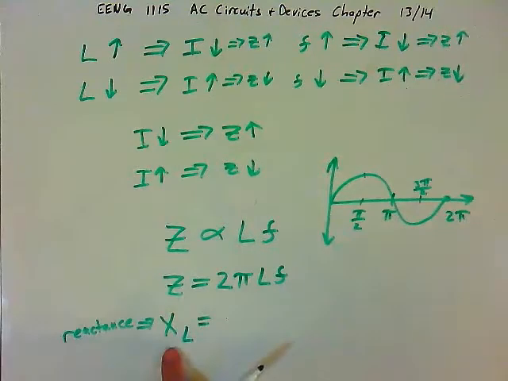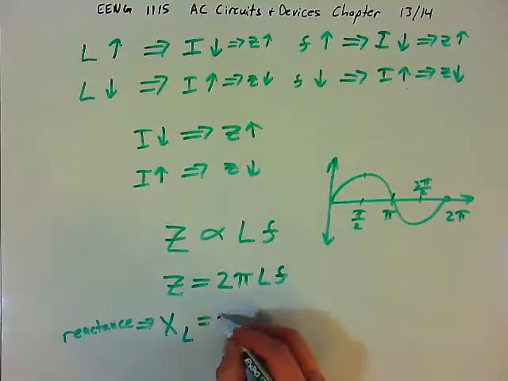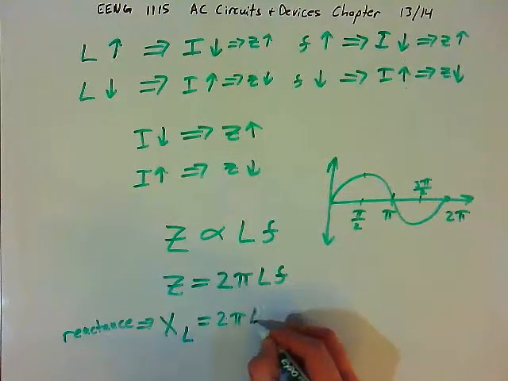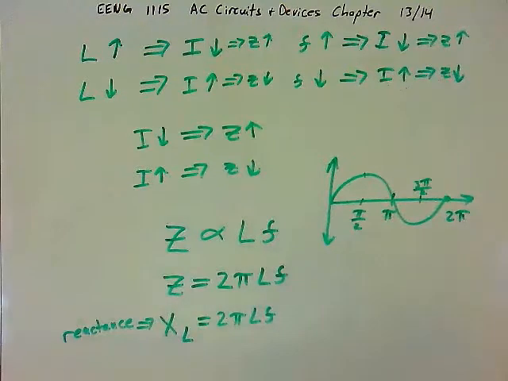We denote that by X sub L, where L stands for inductance. We want to say that the inductor reactance is equal to 2 pi times L times F. Now when we go to look at circuits that have inductors and resistors, then we'll be looking at impedance, and we'll need to be combining reactances with resistances, and we'll see how to do that shortly.